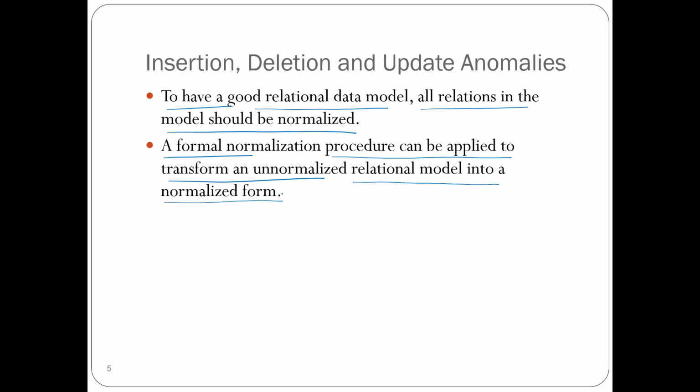So you might have followed what I discussed till now, like the problems associated with unnormalized relations, like these three anomalies, which we want to resolve. And I did show you how the normalized relations should look. But the question is, how do we normalize an unnormalized relation?